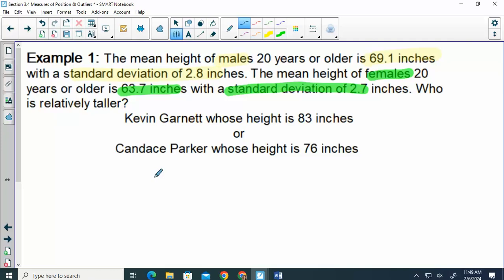The only way to actually compare those values is to get a z-score. So we have to think about our two different groups. We'll look at Kevin, so we'll look at our males and females separately. When we're talking about him, what is the mean for that group?